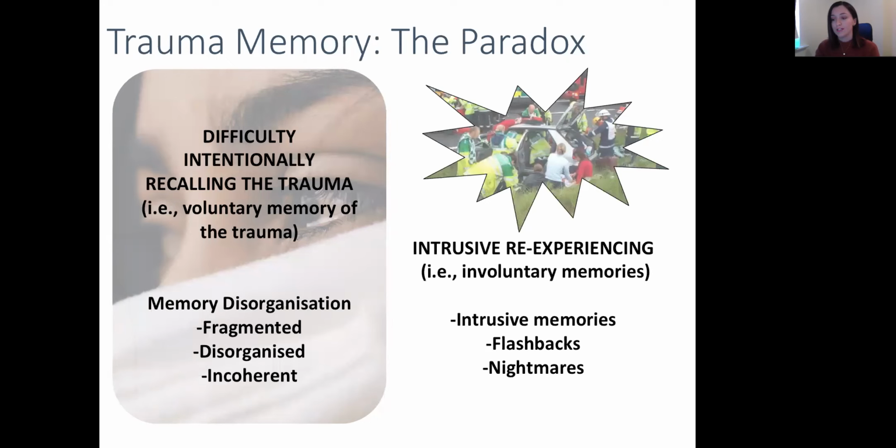Whereas the other viewpoint is based on autobiographical memory research, and would argue that memory for stressful or traumatic events enhances both voluntary and involuntary memory, and that the trauma memory is not unique compared to other memories. For this talk, I will focus on one well-known cognitive model, which is the Ehlers and Clark cognitive model of PTSD, and this supports the idea that trauma memory is special and unique compared to other types of memory.